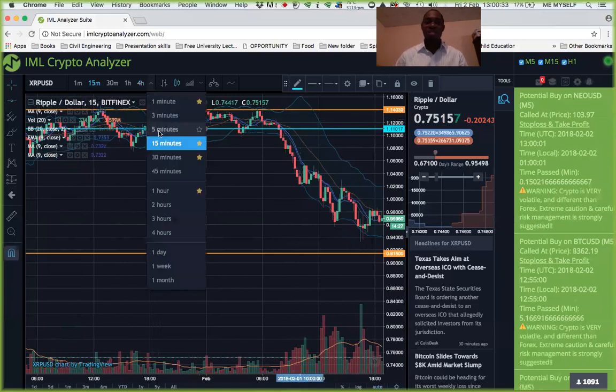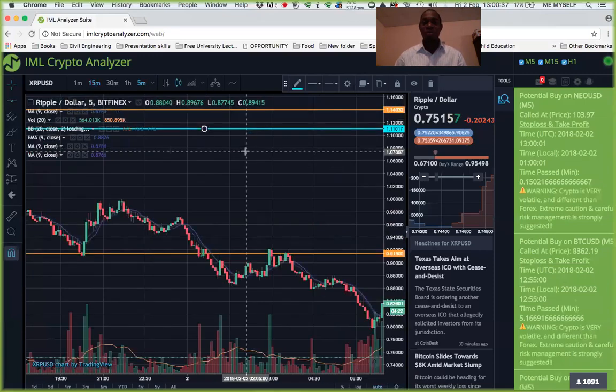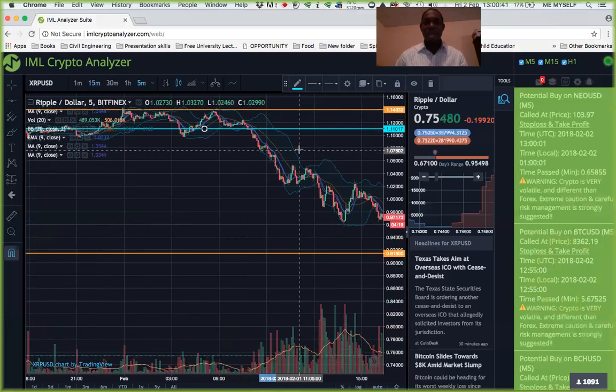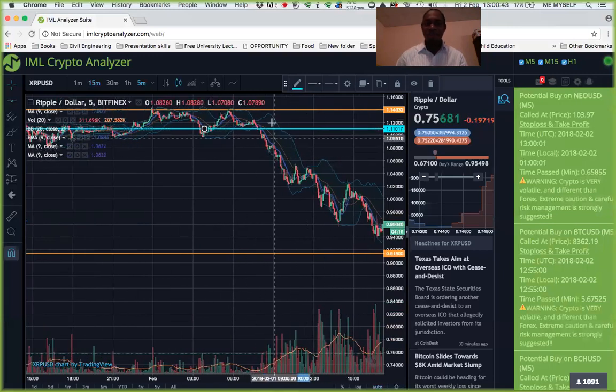Now I know this is crypto. So if I go down to a 5-minute chart, for example, you may be able to get a better, no, still not, right? So you just put your stop loss, and I'll put a red line for the stop loss, literally just right there.